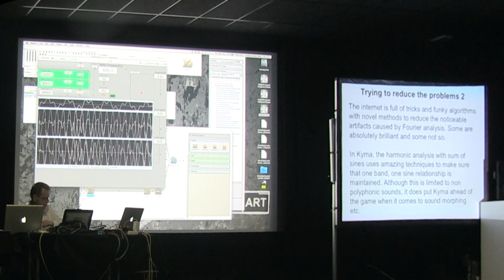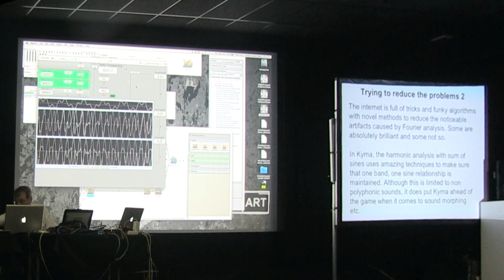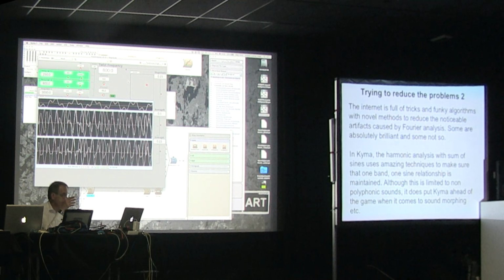As I say, you'll notice that Kyma, in the harmonic analysis I'm talking about, not the other one, makes sure that there's only 1 sine wave in each band. But of course, that has to be a monophonic signal. You can't do that with a polyphonic signal. And once you've done that, and you're using a sum of sines to reconstruct the sound, then things become a lot easier, and you can end up with sounds that are quite clean.